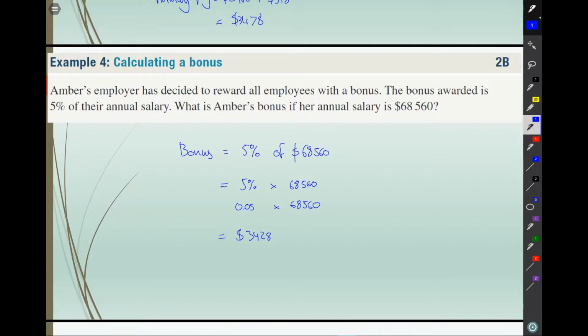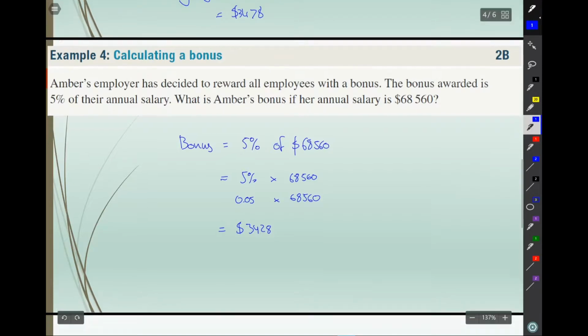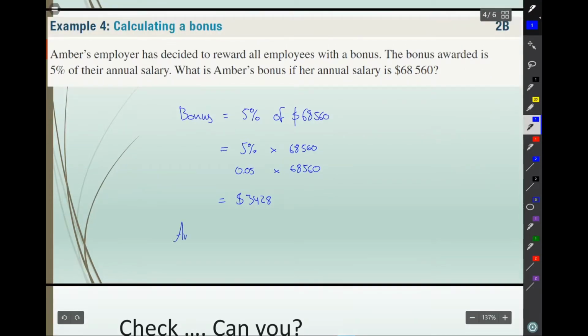I didn't do this on the first example, but it would be good practice to get into when answering these kinds of questions to just make some statement at the end of the question that is your answer in words, essentially. So you would say something like this: Amber receives a bonus of $3,428.